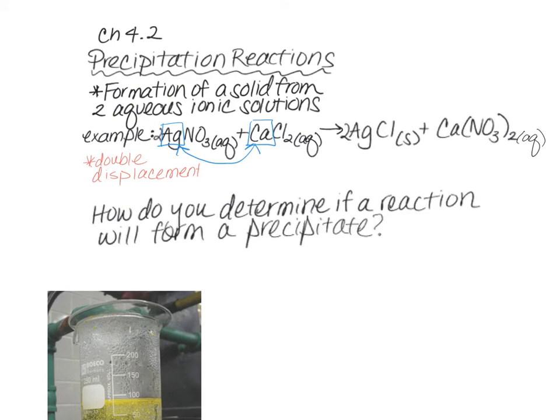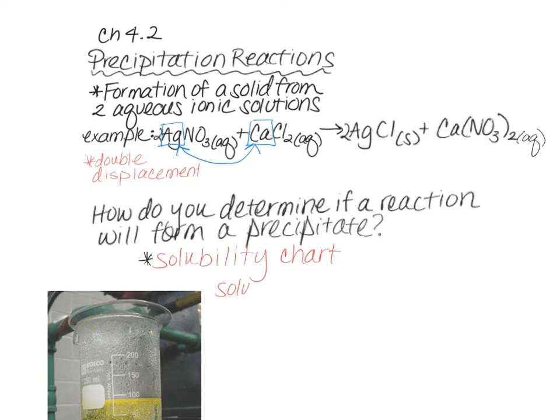So how do you determine if a reaction will form a precipitate? I'm not going to have you use this, but what you would use if I had you predict it is called a solubility chart. A solubility chart tells you whether or not certain species will be soluble or insoluble.